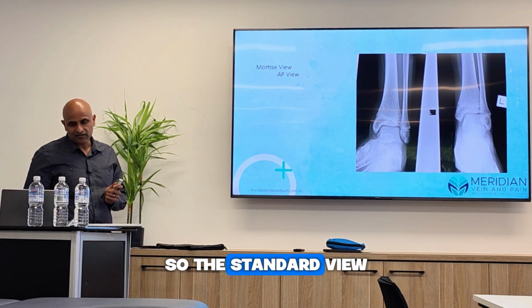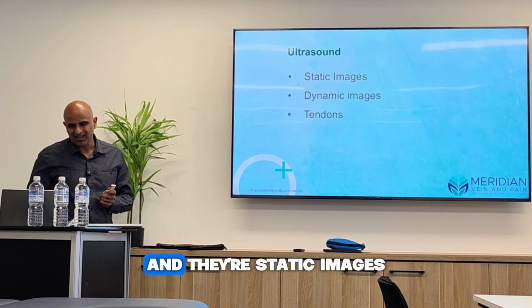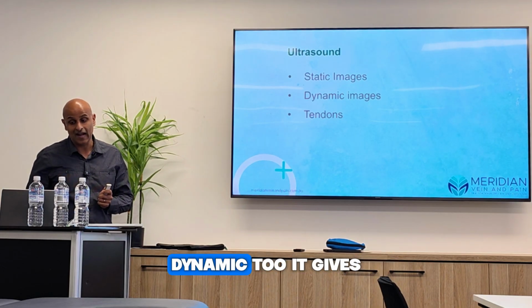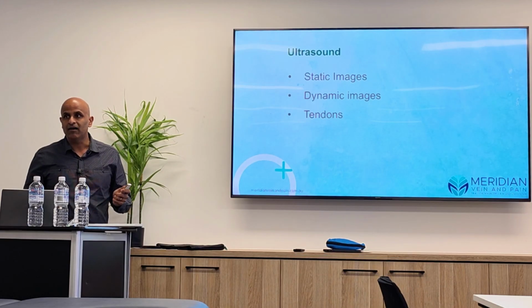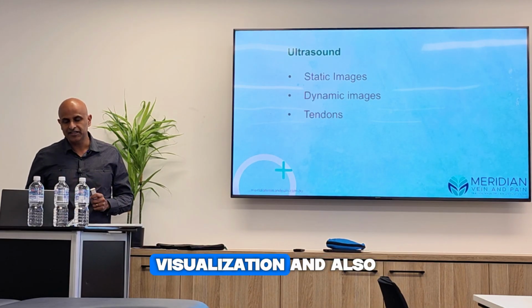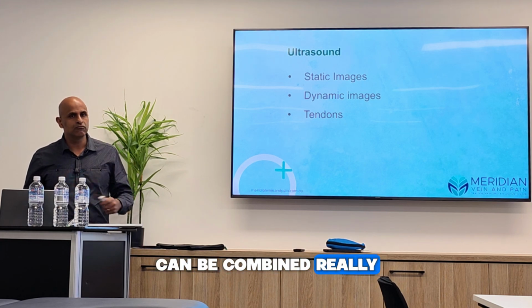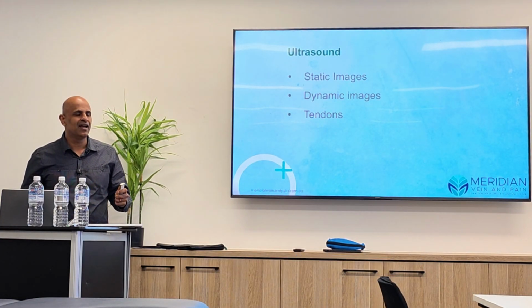The standard view is the AP or mortise view, and they're static images, whereas ultrasound is very dynamic too. It gives you exceptional soft tissue visualization, and can also be combined really well at point of care with your physical examination.